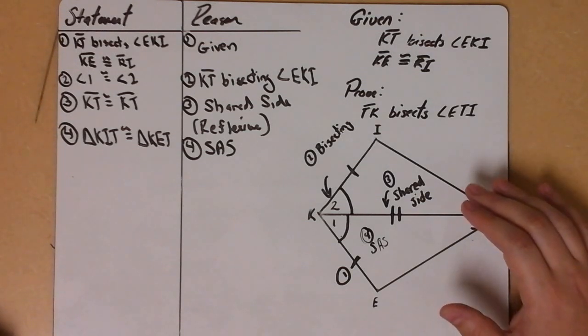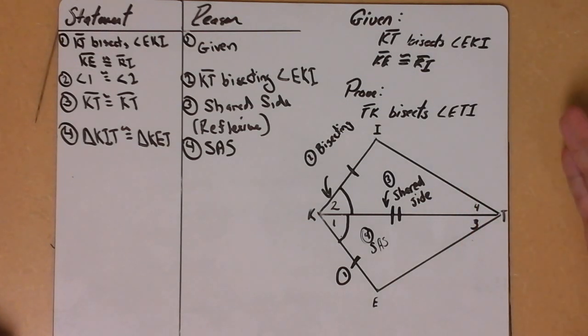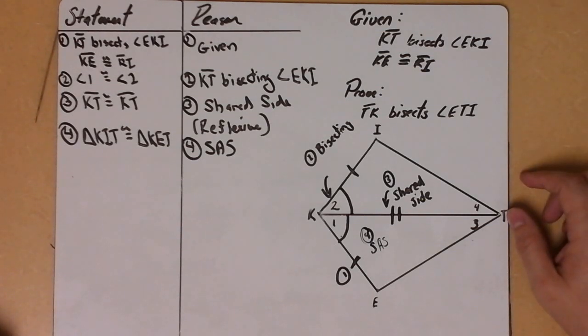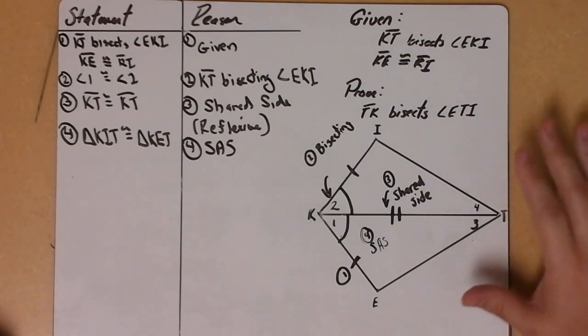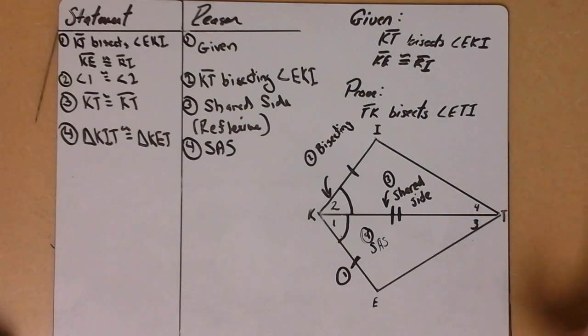There is a term for that I do not want you to use, which is called CPCTC. Now you're asking, why am I telling you? Because again, you're going to see it. And it's just stating that congruent parts of congruent triangles are congruent. It's a very confusing statement, and it's not clear when you guys need to use it. So for now, what I want you to do is just use your own words.